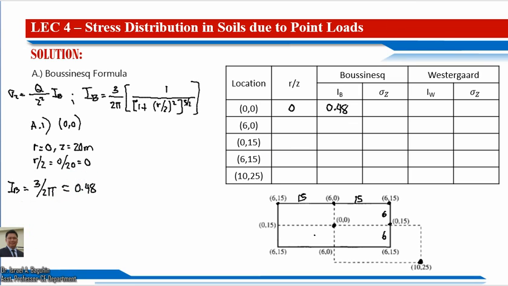So we can say that our sigma z is equal to q over z squared times this I sub b. We already have this influence factor I sub b equal to 0.48, and we also have this z which is 20 meters, but we don't have this q yet.